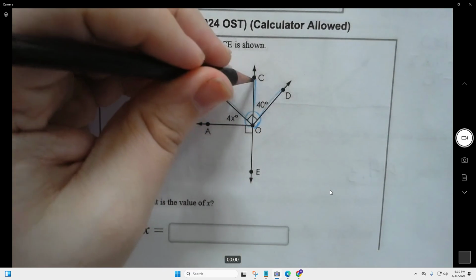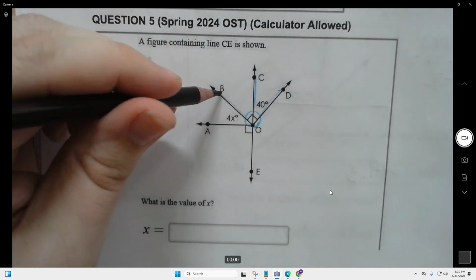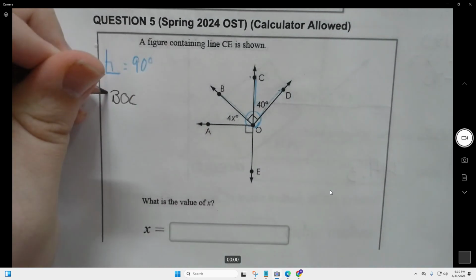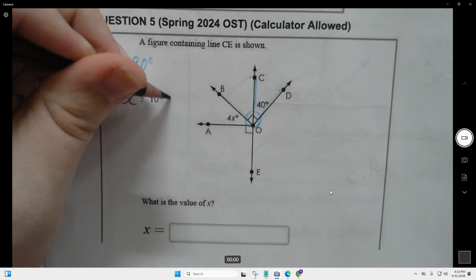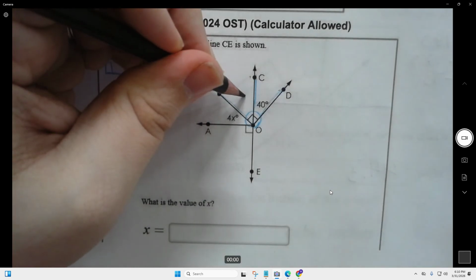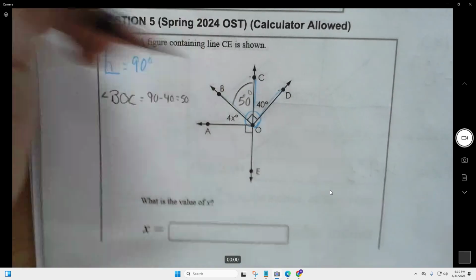So knowing that information and knowing that COD is 40, that means that we can find BOC by doing 90 minus 40, which is 50. So we know that angle BOC is 50 degrees.